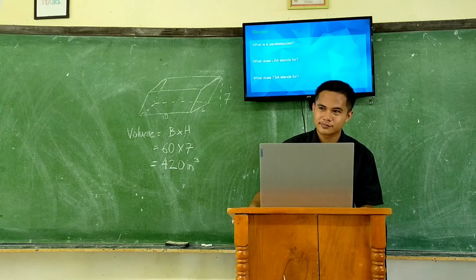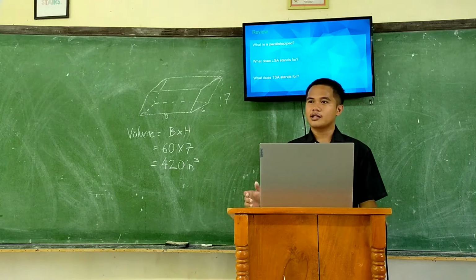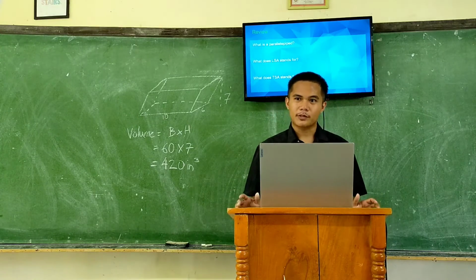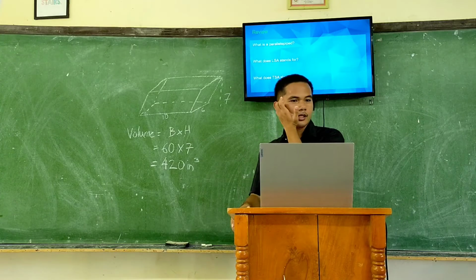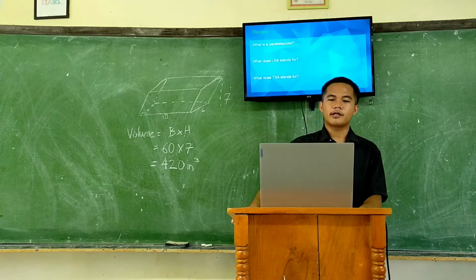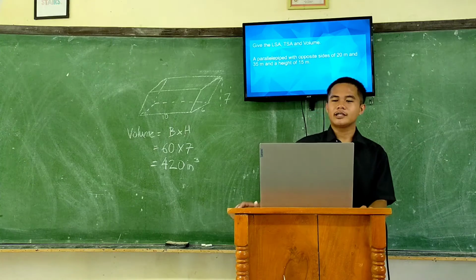Okay, very good. Ngayon, nakapag-review na tayo at alam nyo na ang parallel pipe, kung paano kunin ang surface area at ang volume ng isang parallel pipe. Punta naman tayo ngayon sa ating activity.